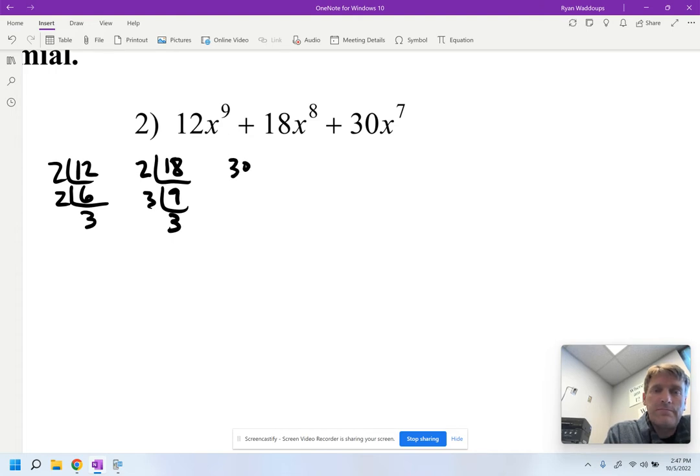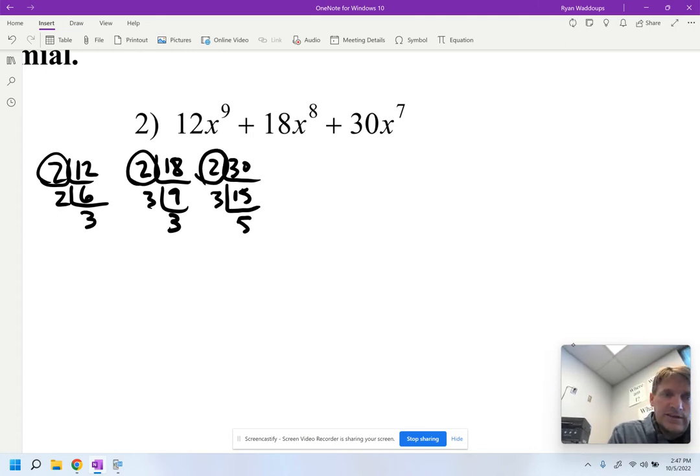And 30 is 2 times 15, and 15 is 3 times 5. And so I see they have a 2 in common, and it looks like they also have a 3 in common. And that's it.